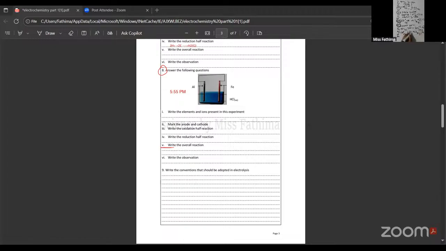Now you are going to simplify the fourth and the third. You take whatever you have on the left hand side to one side and the right hand side to the other side. Then you take 2Al plus 6H plus plus 6 electrons. On this side, 6 electrons plus 2Al 3 plus aqueous plus 3H2 gas.